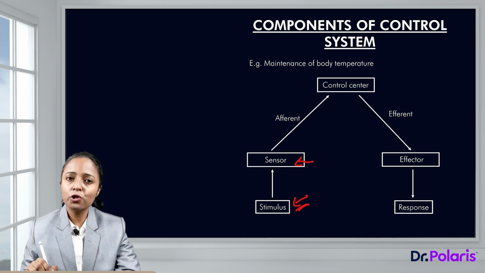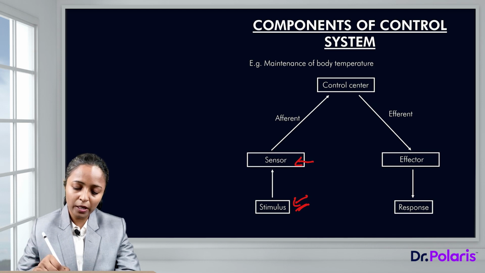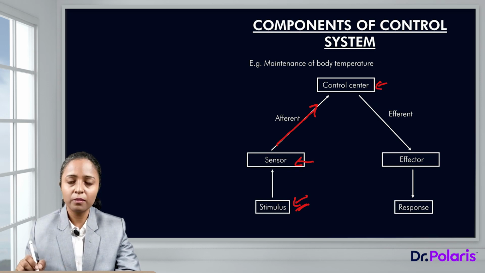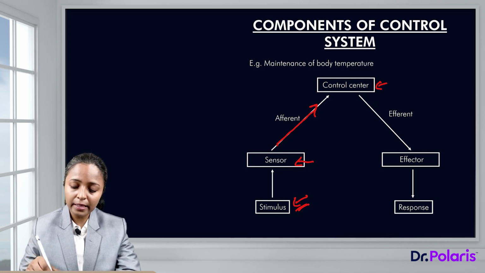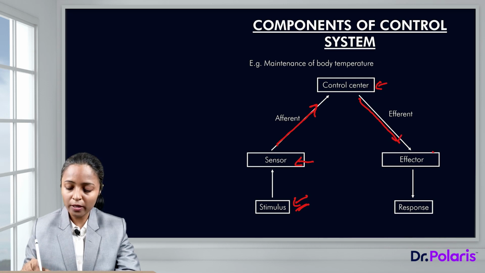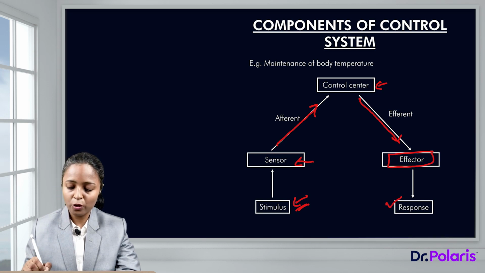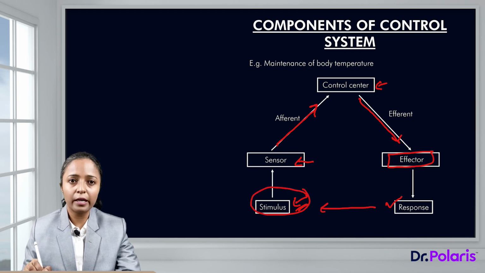Then this information detected by the sensor is conveyed by means of afferents to a control center, right? So the afferent carries the information to a center. The center processes that information, and then it sends efferents to the effector. So the efferent carries the information from the center to the effector, and there are certain changes in the function of this effector so that there is a response. This response will help in changing this particular stimulus again, right?